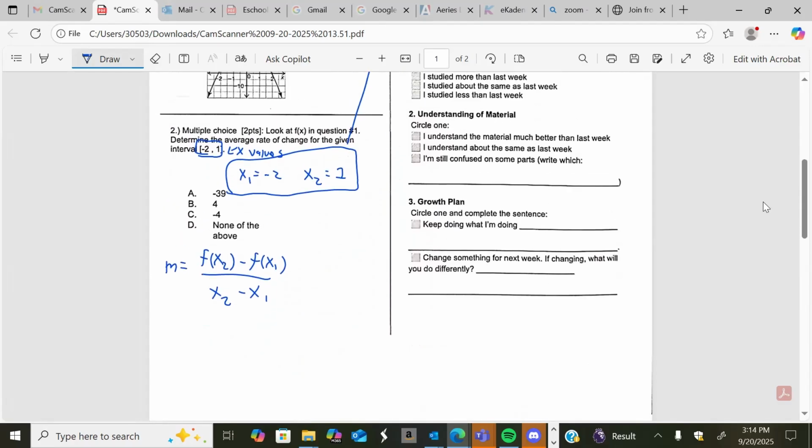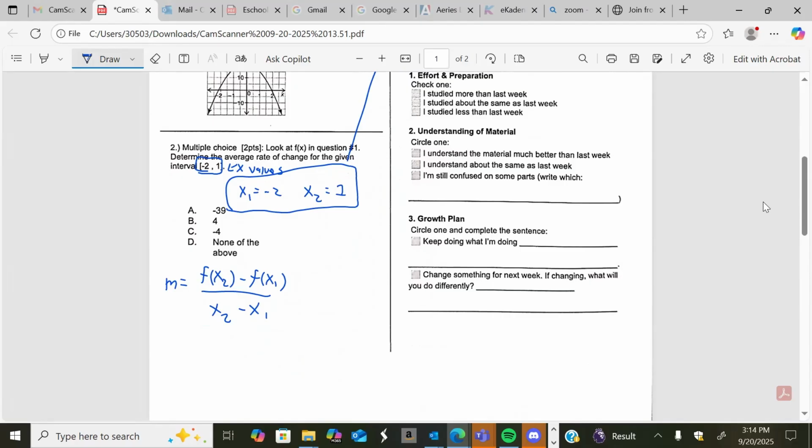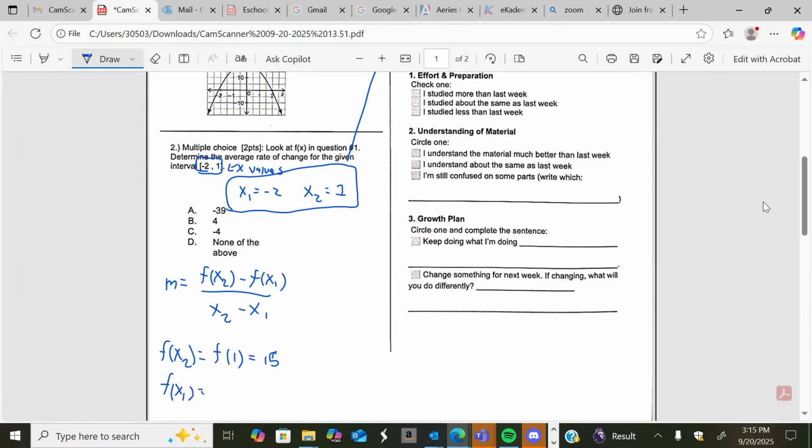I used my calculator, and I found that f of x2, which is f of 1, is 15, and f of x1, which is f of -2, is +3.